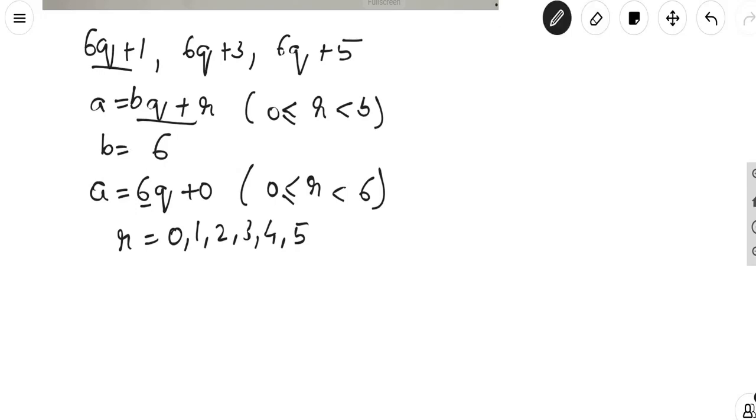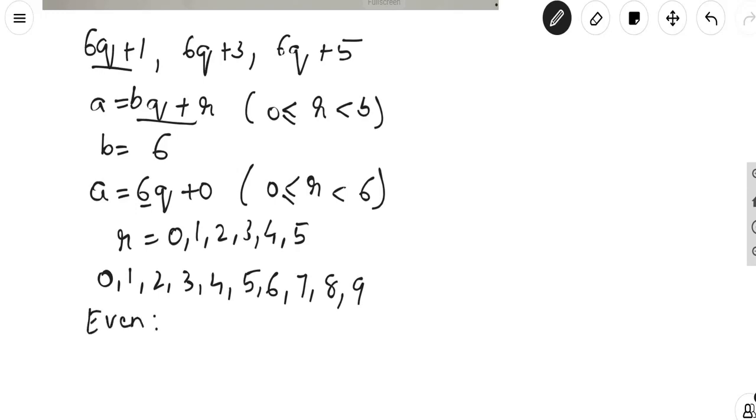Now you should know what even numbers and odd numbers are. Let me write some range of numbers like 0, 1, 2, 3, 4, 5, 6, 7, 8 and 9. What are even numbers? An even number is a number which is divisible by 2 with no remainder.